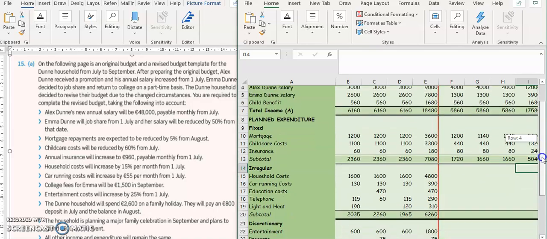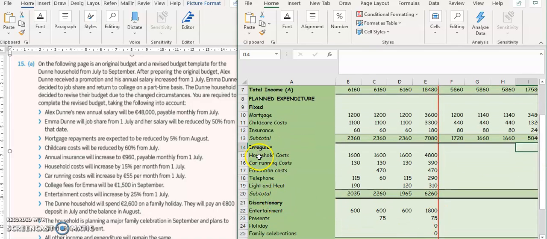Now let's have a look at our irregular expenditure. So household costs, it's the same thing. Household costs will increase by 15% per month from the 1st of July. So our household costs are 1,600. They're going to increase by 15%. So how much is the increase? We're going to multiply that by 0.15 because that's 15%.